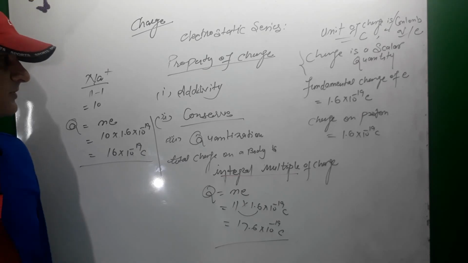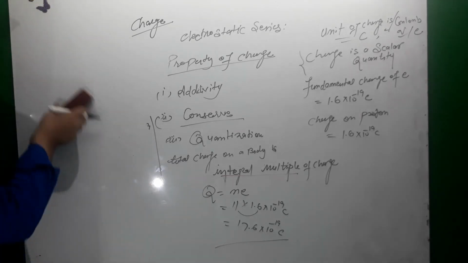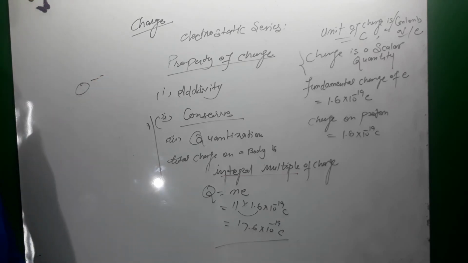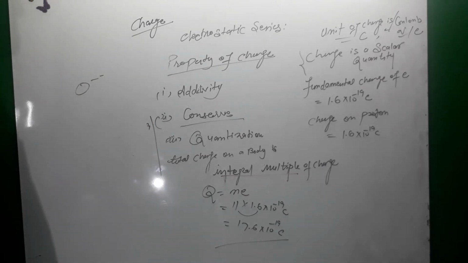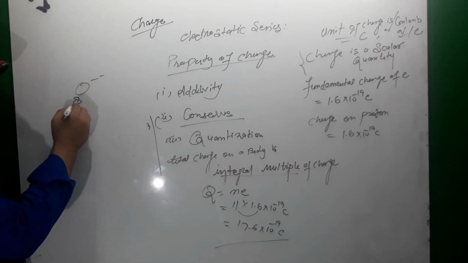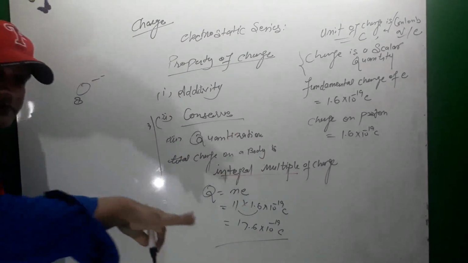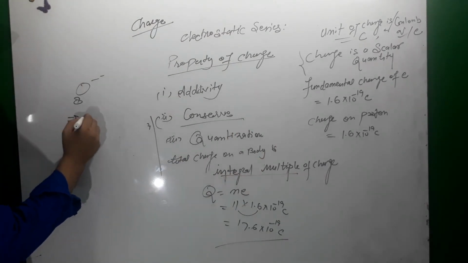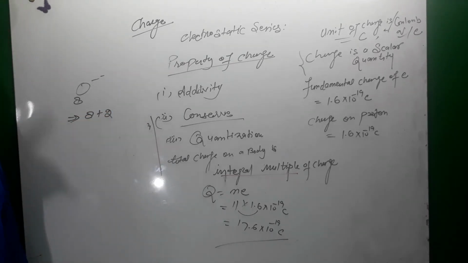And so on, for anybody with a negative charge. For example, oxygen has 2 negative charges in its bonding. You know oxygen has 8 electrons. Now it has taken on 2 more electrons, so you have to add 2 more electrons to find the total charge.